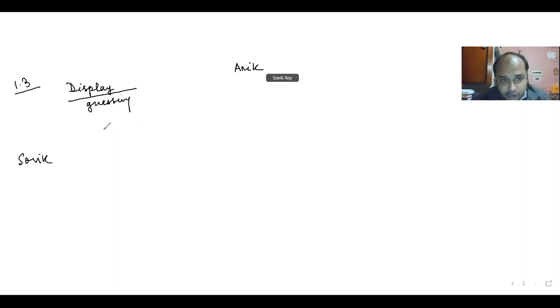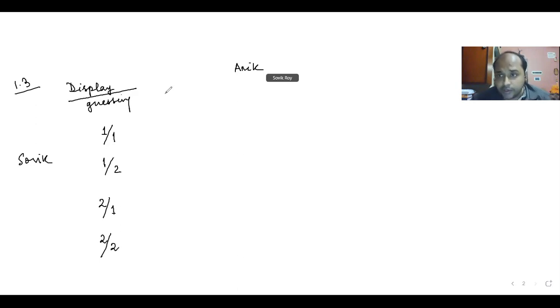So my strategy will be like this: 1 and 1. The upper one is my display and the lower one is my guessing for Anik. Then 1 and 2, and so on, with the upper one my display and the lower one my guessing for Anik.